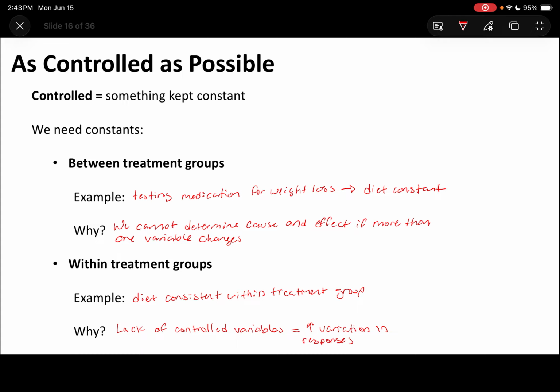Some people might lose a lot of weight, some people might lose a little bit of weight, and if you have a lot of variation in responses, it's going to be difficult to determine the effect of the treatment. Because the responses will be all over the board.